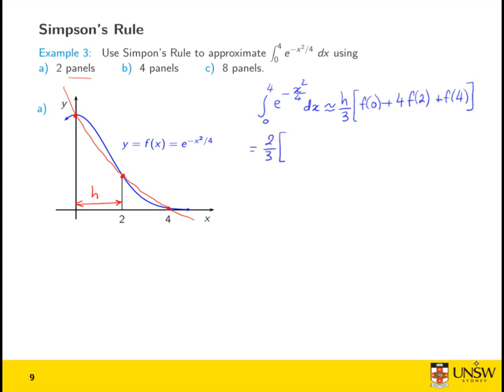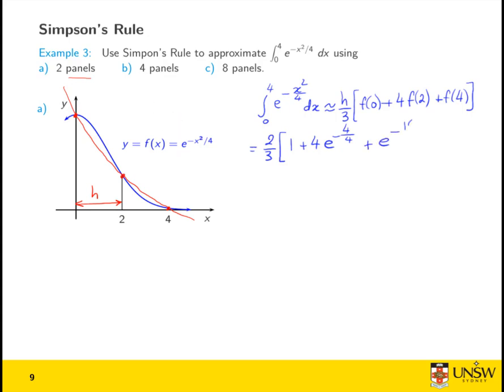And to find out what f of 0 is, I will just sub in the formula for f. So I get exponential of 0, that's a 1. 4 times f of 2. So I'm going to sub in 2 in this formula. So I get minus 4 on 4. And f of 4, again I sub in this formula.